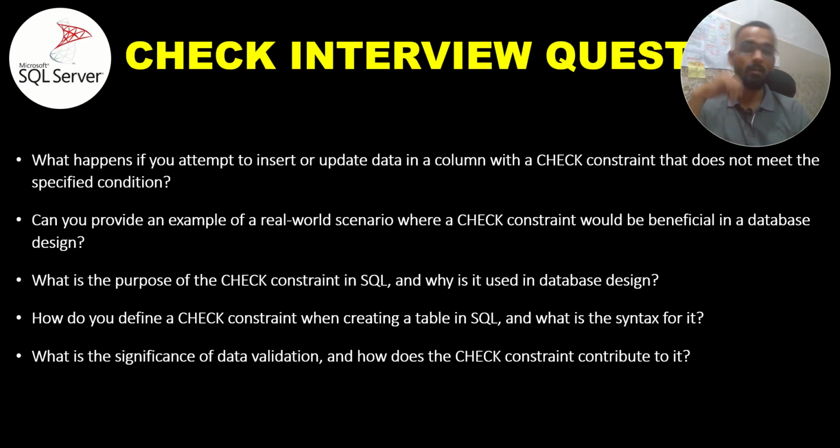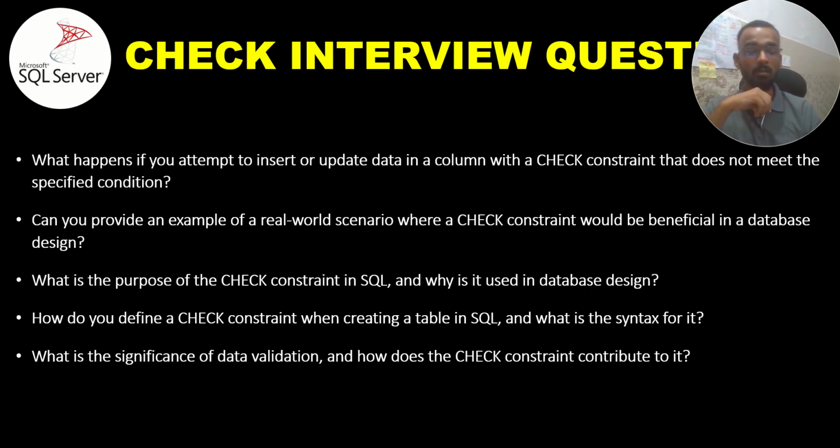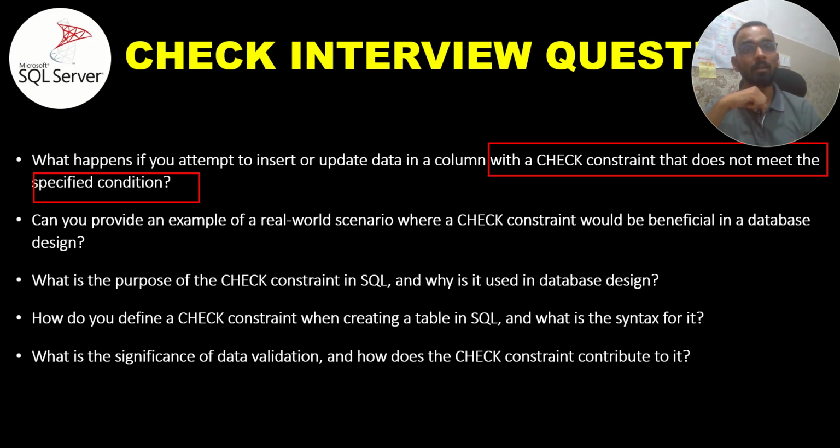So we have some interview questions over here. I hope you can give the answers easily. What happens if you attempt to insert or update data in a column where the check constraint does not meet the specific condition? Definitely it will throw an error. Can you provide an example of a real world scenario where a check constraint would be beneficial in database design?